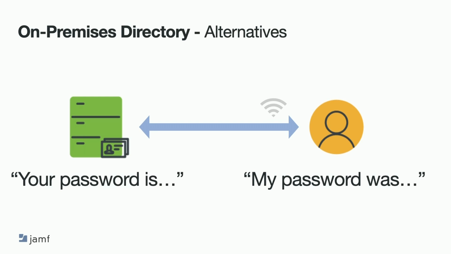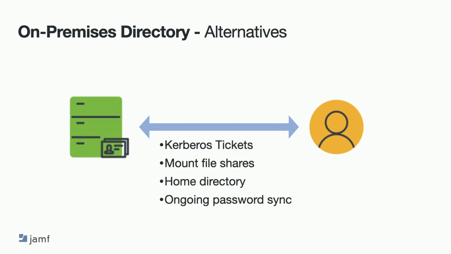They can still get into their machine. They can still FileVault decrypt that machine. They don't need an always persistent network connection. So it's good, but it's a nag. It's not an enforcement. Just keep that in mind. The alternatives can all do fun things like get Kerb tickets and mount file shares and get your home directory and get your password sync and whatnot.